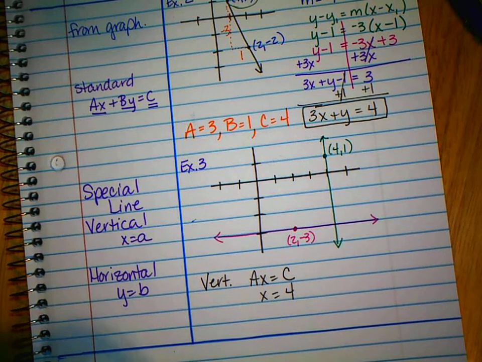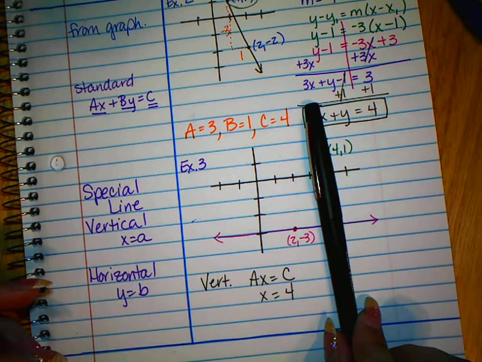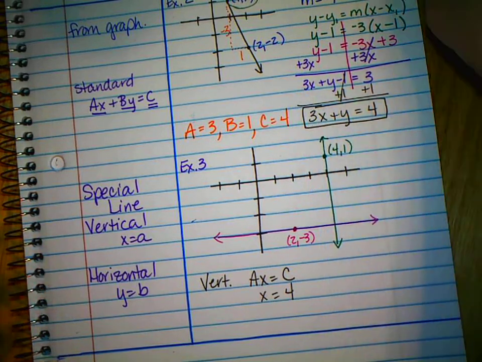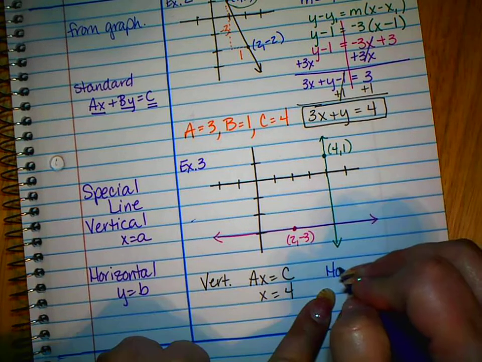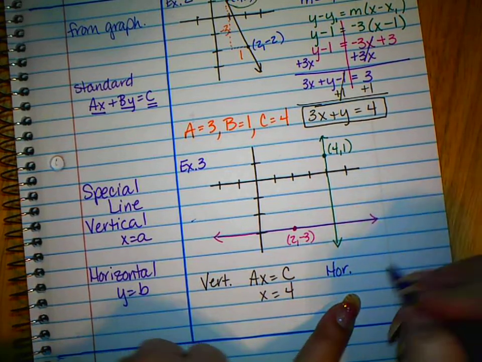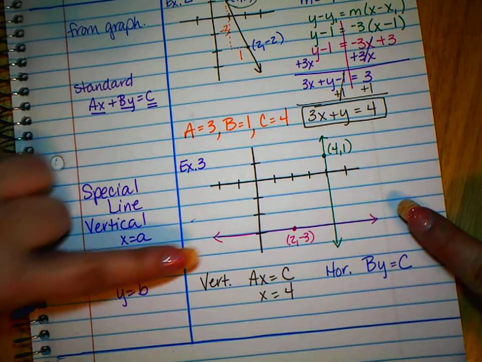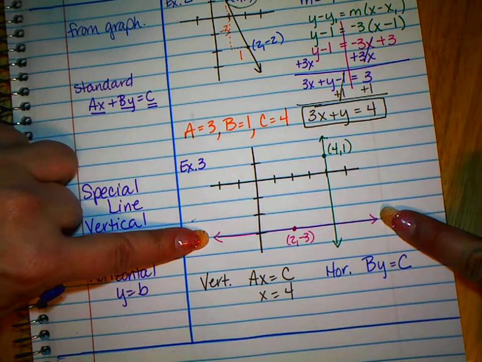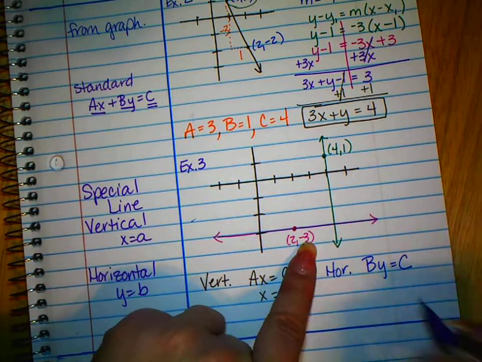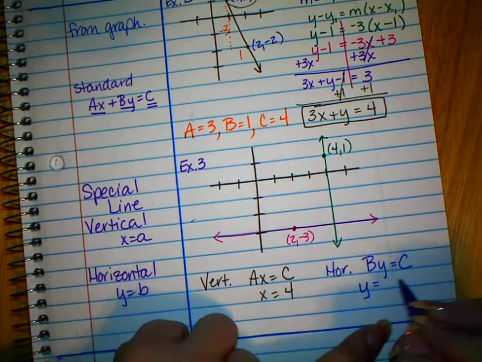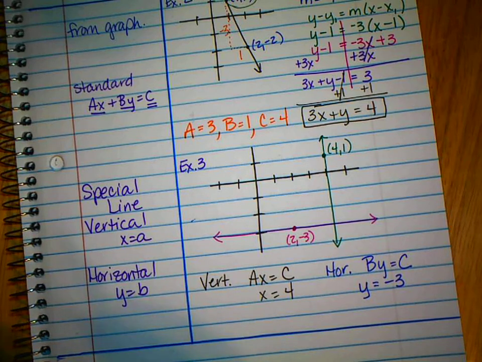Because it's everywhere x is being 4 right now. Then my horizontal, which is really by equals c, is this line right here, and it's everywhere y equals -3.